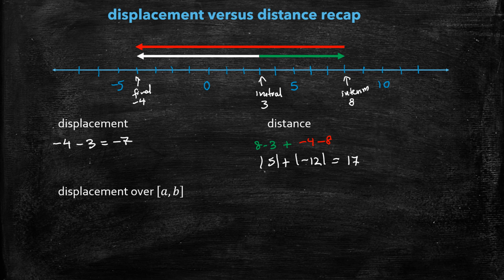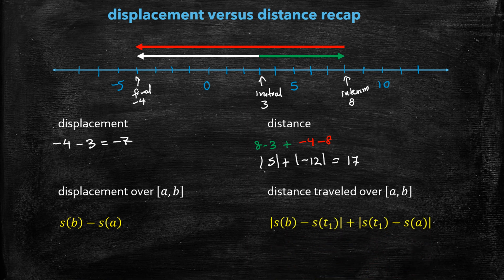So if you recall the displacement formula, now A and B are time values, by the way, not number line values. So the displacement over that time interval, where it's assumed that B is bigger than A, is just the position S(B), your final position, minus your initial position S(A). In contrast, distance traveled over that interval, you have to break it up depending on where you turn around.